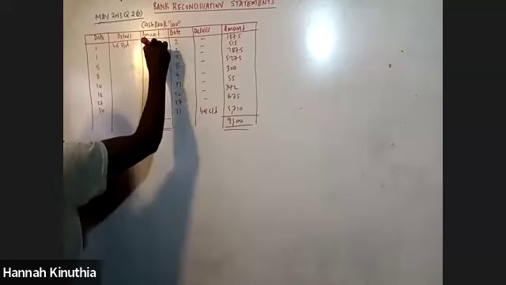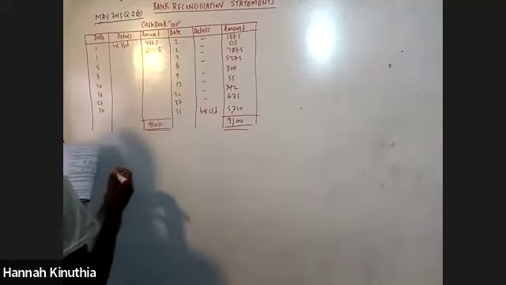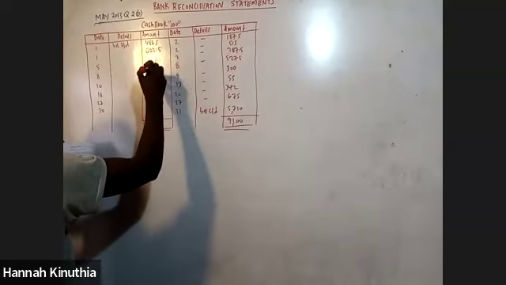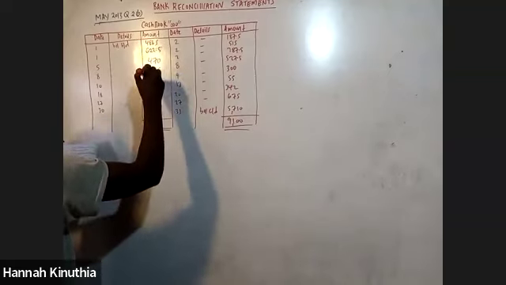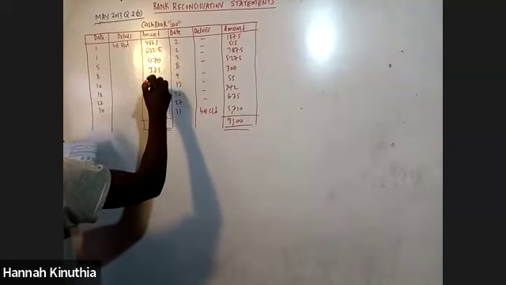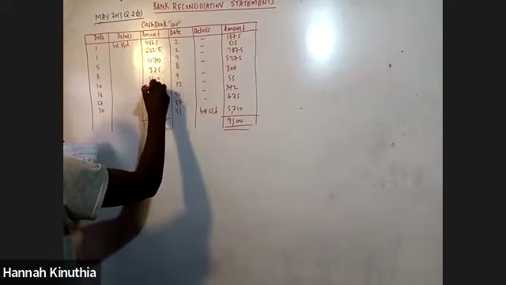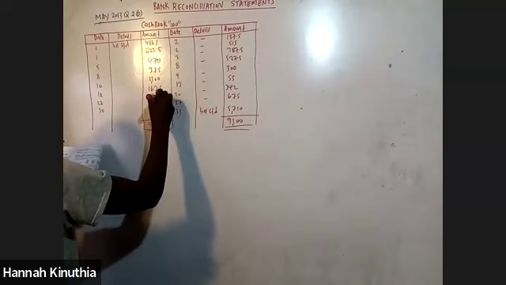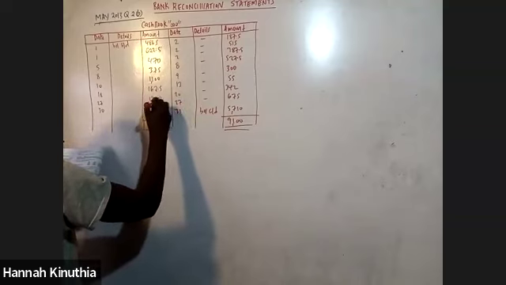Hii lazima muandike kama umeandika hiyo swali. Mimi na copy tu hiyo swali because of explanation. For 70, 375, 1100, 162.5. Then we have 1300, then 205.